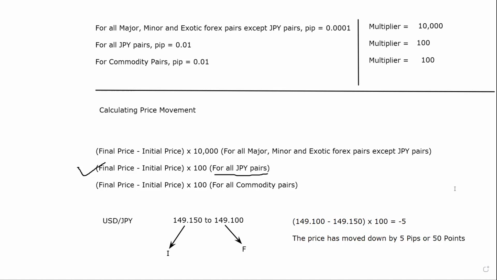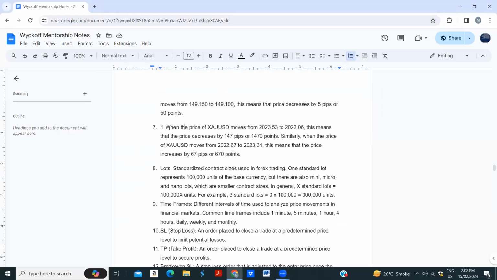So we have completed the situation of JPY pairs as well. Now we're gonna look for the conditions of commodity pairs. Okay, so when the price of XAU USD moves from 2023, now we have to calculate this one, 2023 to, so let me calculate it.